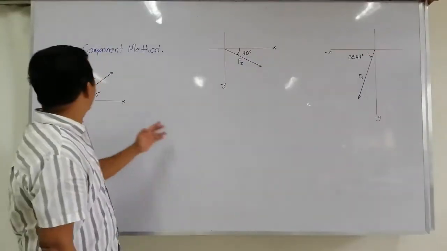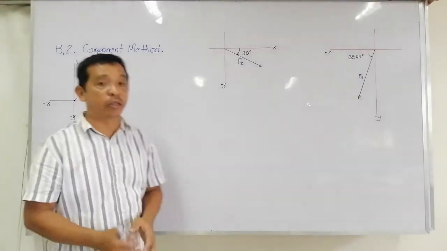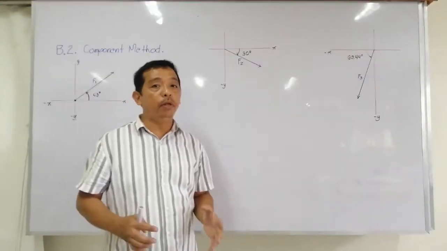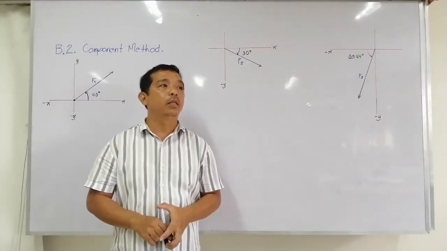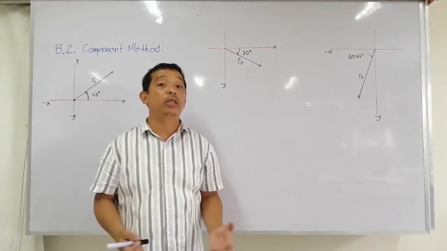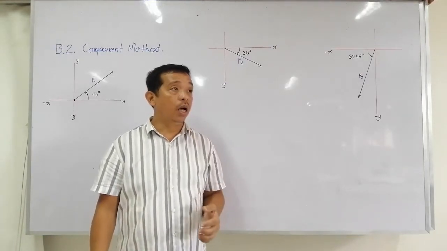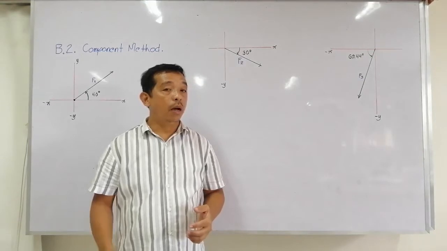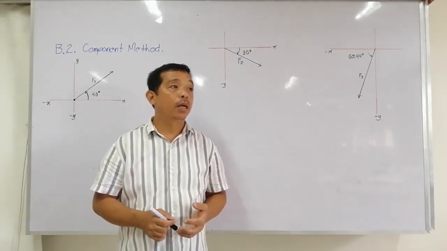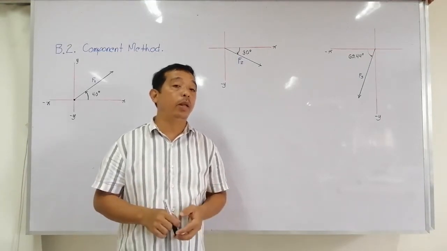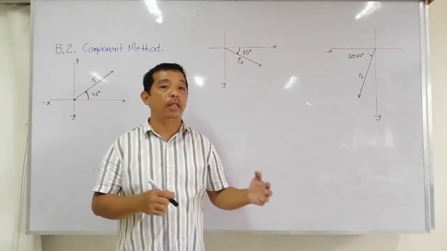So we have here now the last, which is the component method. So why component method? When we say component, we mean parts. For example, 12. Pwede ang component ng 12 ay 7 and 5.